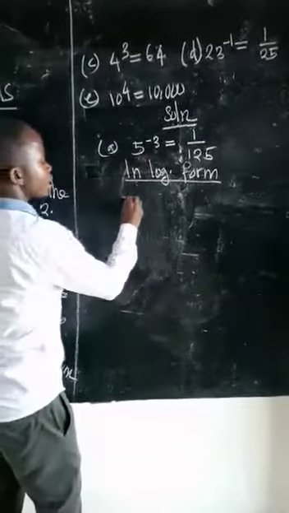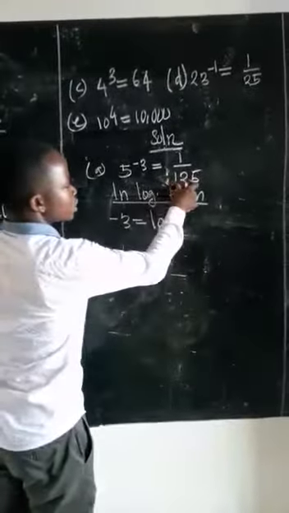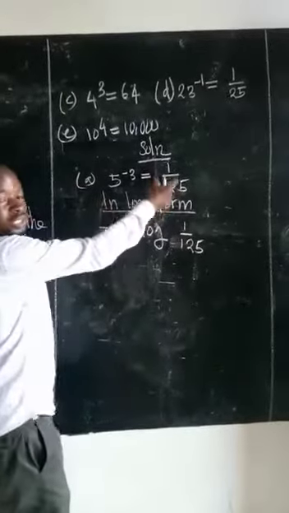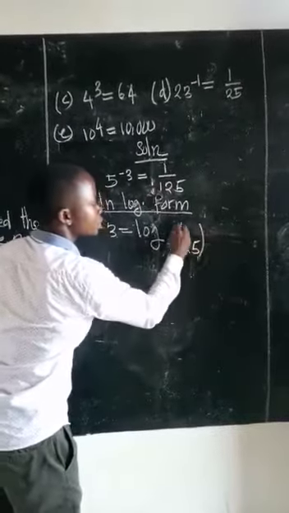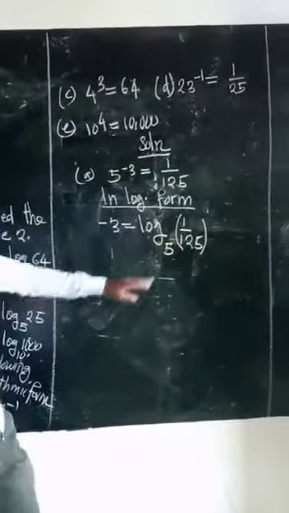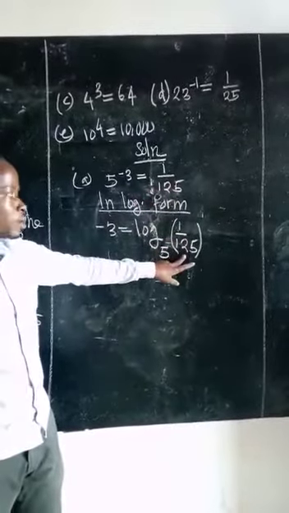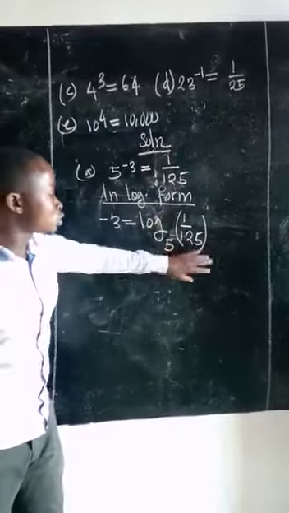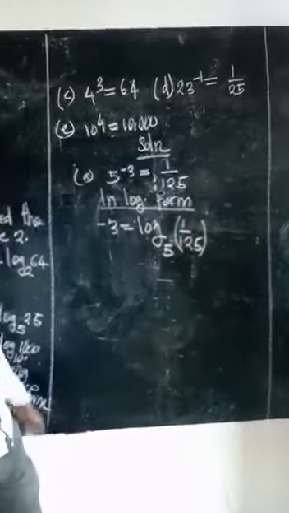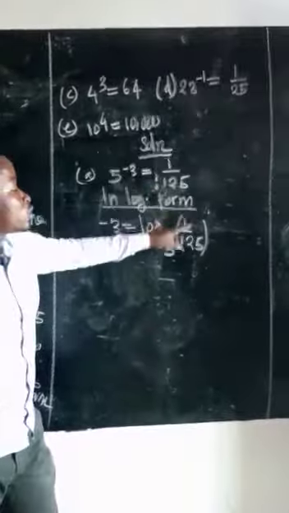It will be negative 3 is equal to log of 1 over 125. Since this is a fraction, it's better we put brackets, with base 5. If there were no fraction, there would be no need for brackets. But we always start with the exponent: negative 3 is equal to log of (1 over 125) base 5.